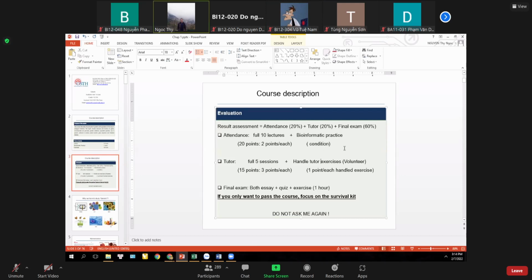If you handle one exercise fully and provide all the information so the solution is understandable, you will have 1 point. So as you can calculate, each student can volunteer to handle an exercise a maximum of 5 times. If you attend 5 sessions and handle 5 exercises, you will have a total of 20 points.